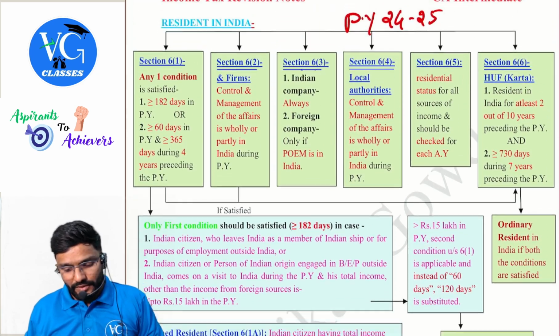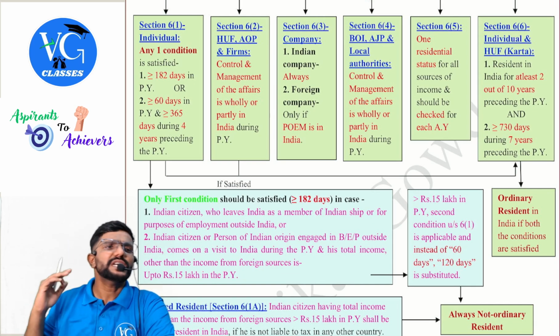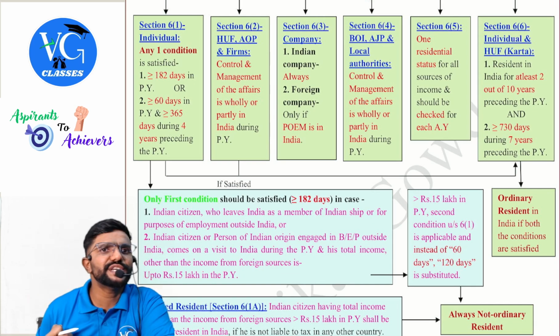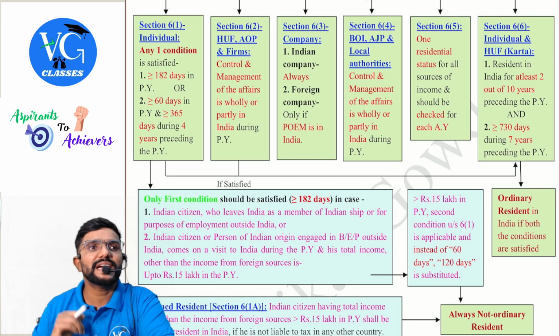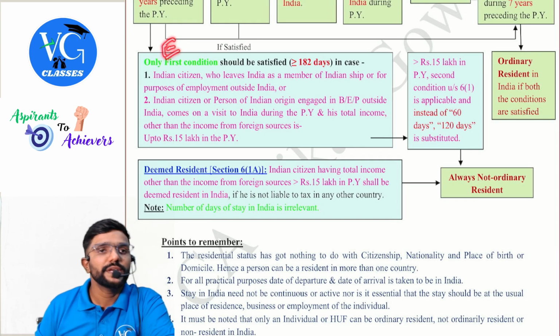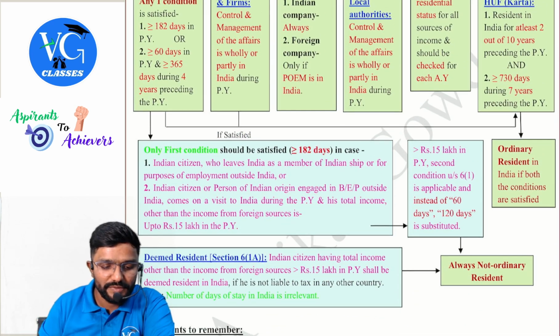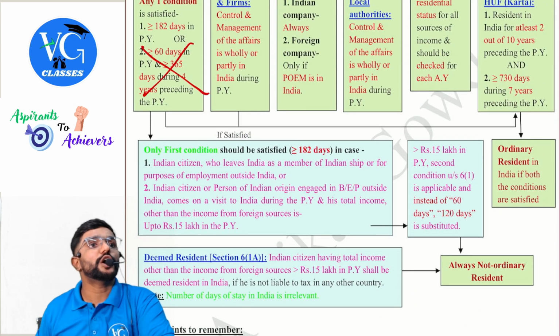Okay. Now, sir, you told for section 6, subsection 1, even if one condition is satisfied, the person will become resident. Yes. But there are two special cases, given in the explanation, where the second condition is not at all applicable.